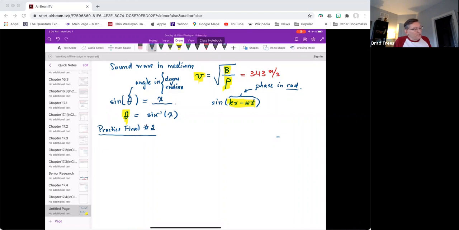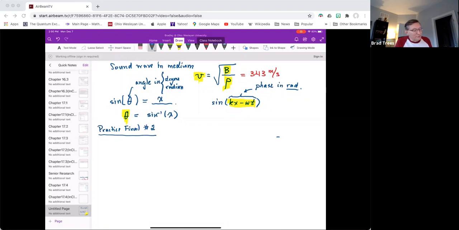A transverse sinusoidal wave is moving along a string in the positive direction of an x-axis with speed v equal to 80.0 meters per second. At the instant t equals 0, the string particle, the little piece of string at x equals 0, has a transverse displacement, y displacement, of y equals 4 centimeters from its equilibrium position, and this part's in italics, is not moving, period.